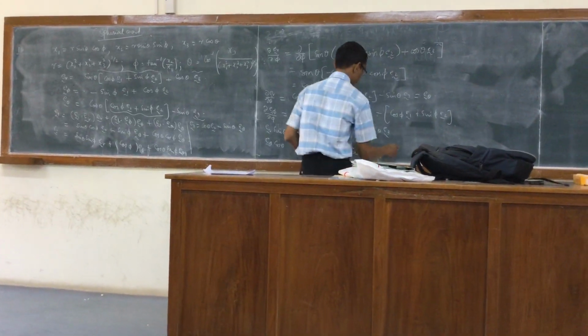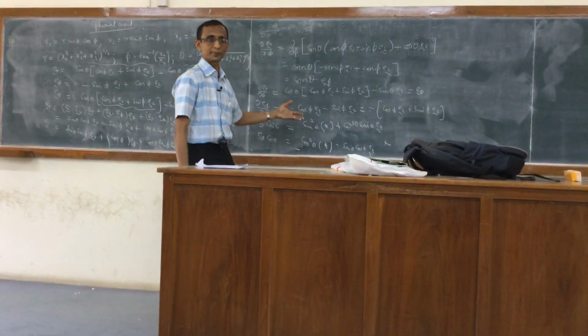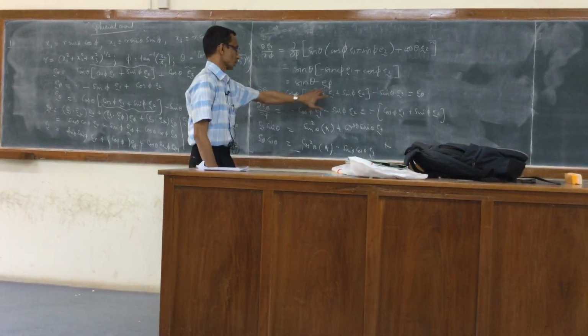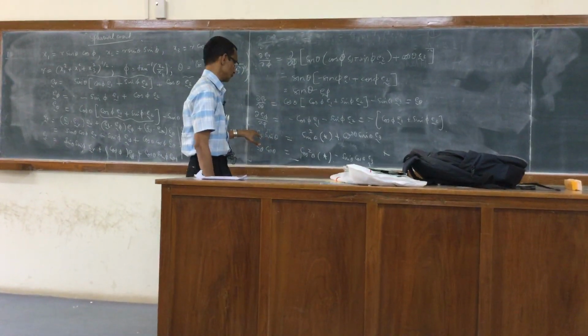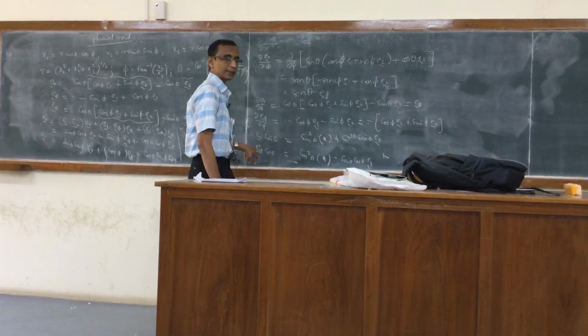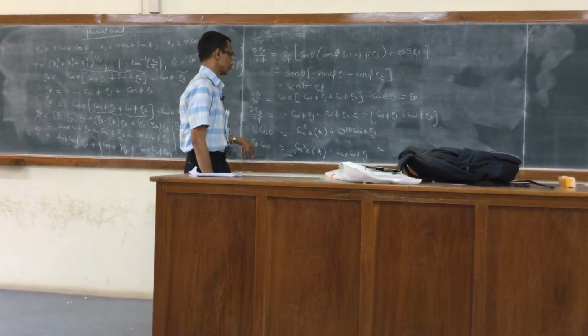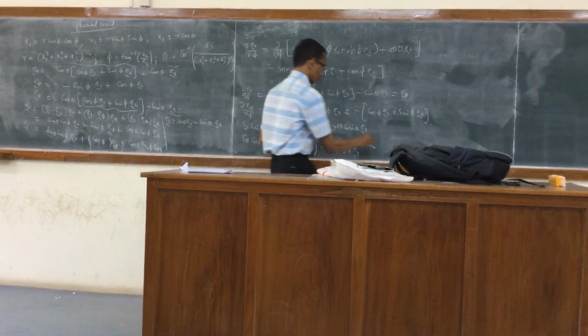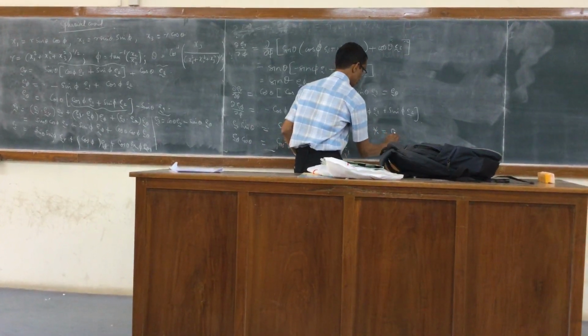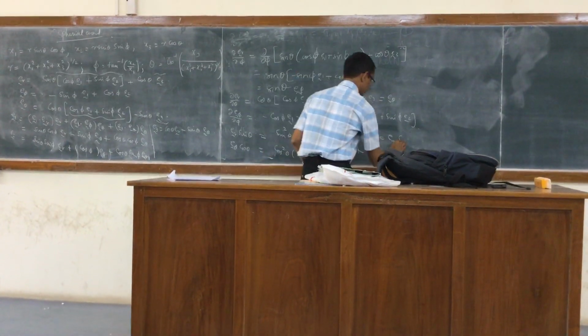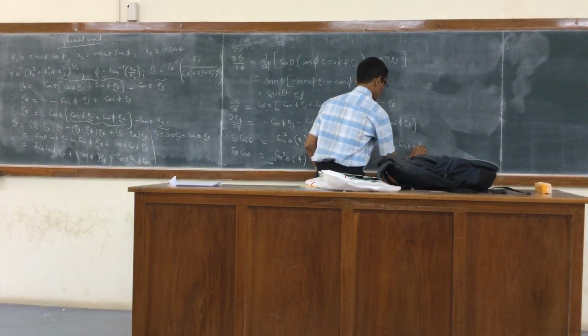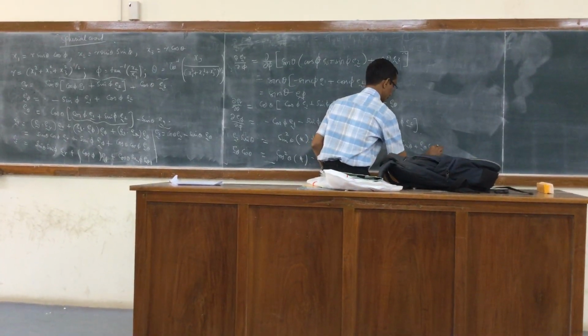So I get sin squared theta plus cos squared theta times that star, which is cos phi E1 plus sin phi E2, is simply ER sin theta plus E theta cos theta, right? So star is ER sin theta plus E theta cos theta.